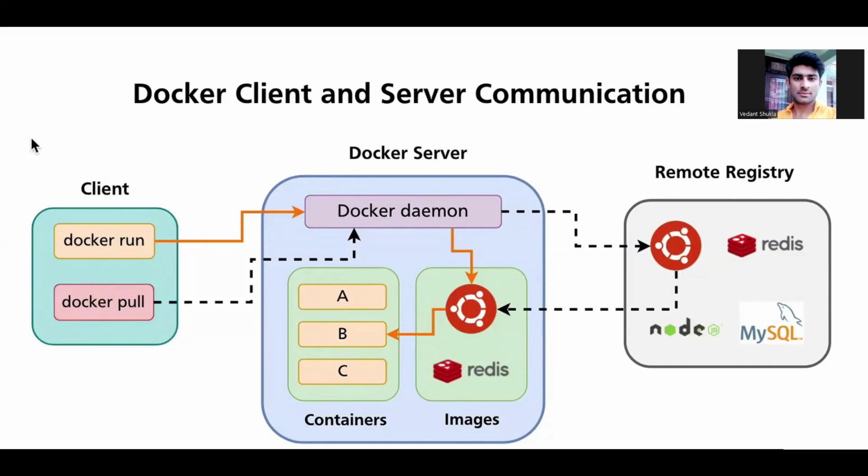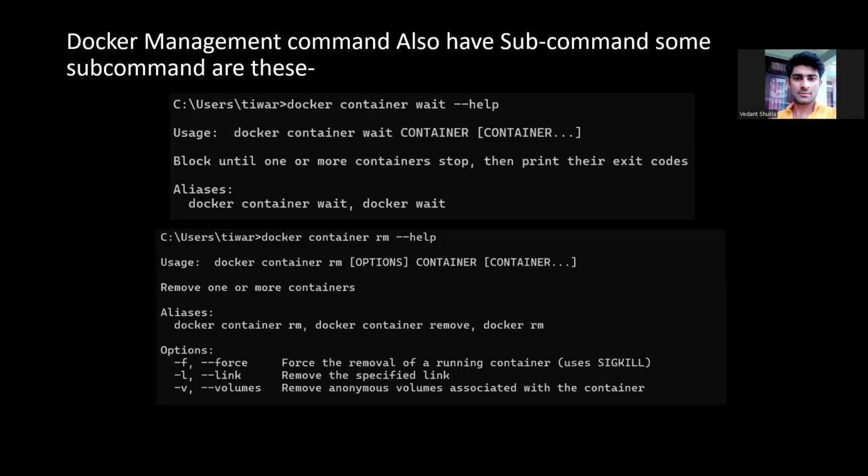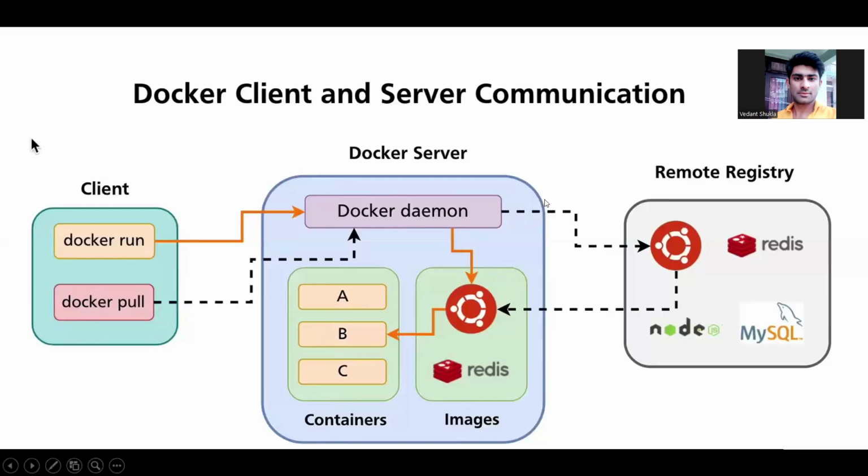If we compare with GitHub and Git, these store a set of files, and Docker helps the same way. But what is the specialty of Docker? Docker specializes in creating multiple processes simultaneously. I told you about this in the previous session also.